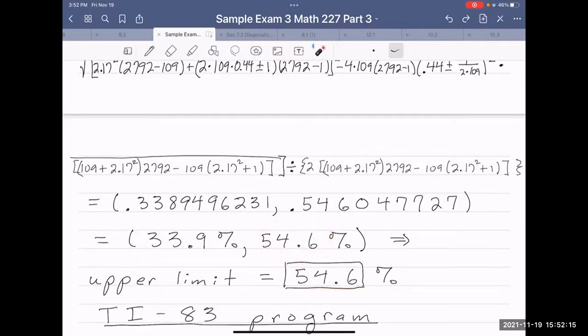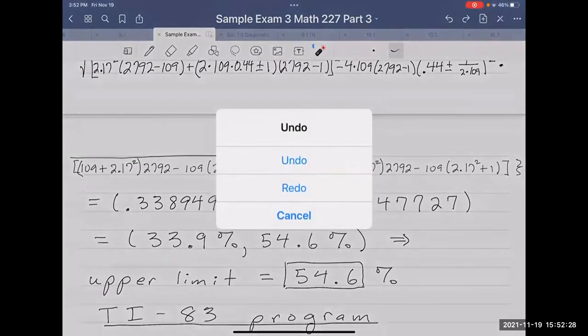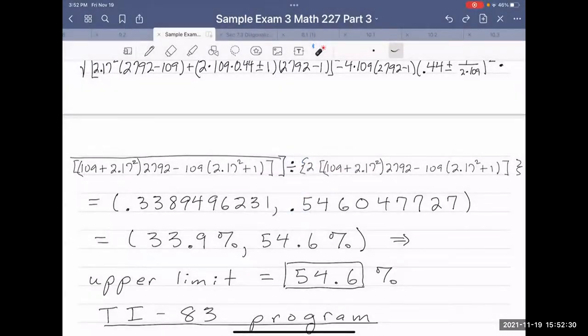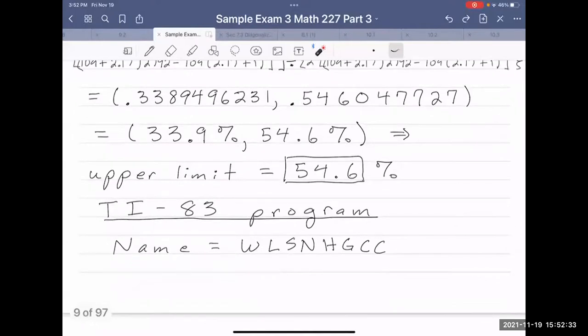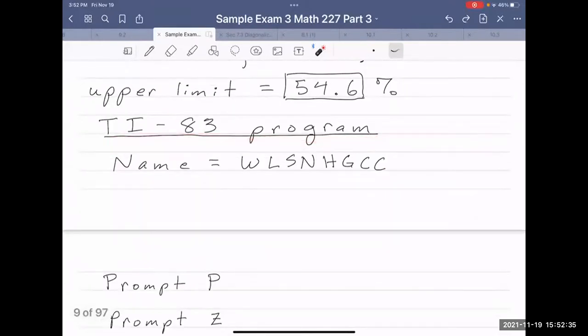Now, this is kind of complicated to plug into your calculator. So this might be a good example where maybe you should program it in. And so maybe you should put in a little program here. We'll name it something.